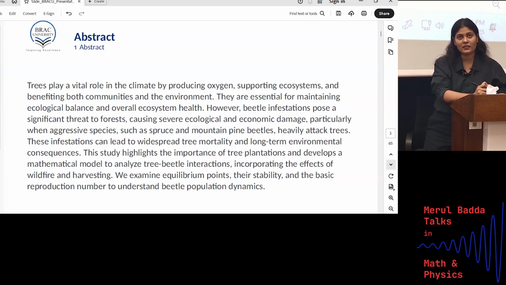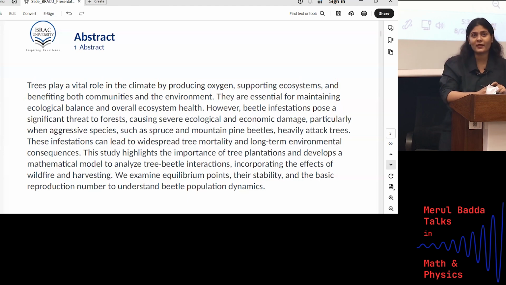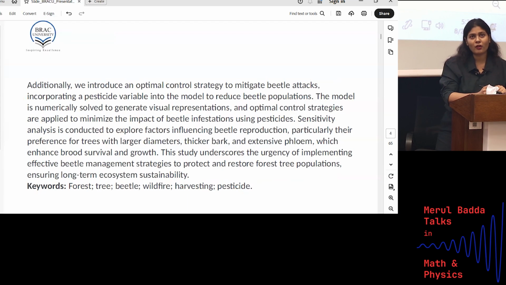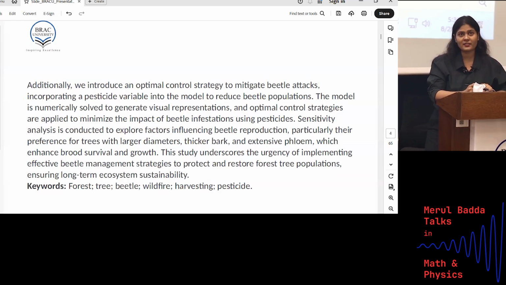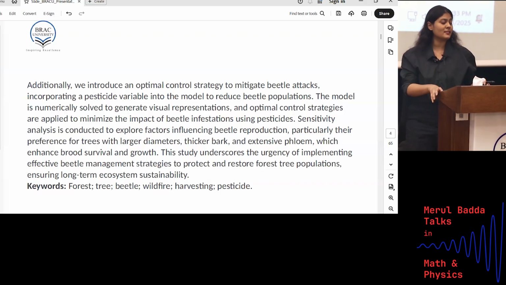In our study, we solved this model. We found the equilibrium points, and then we also discussed the stability of the equilibrium points, and the reproduction number of our model and its properties to describe the beetle population in the forest system. Additionally, we have to control the beetle attack in our forest, so we studied many optimal strategies to control beetle attacks.